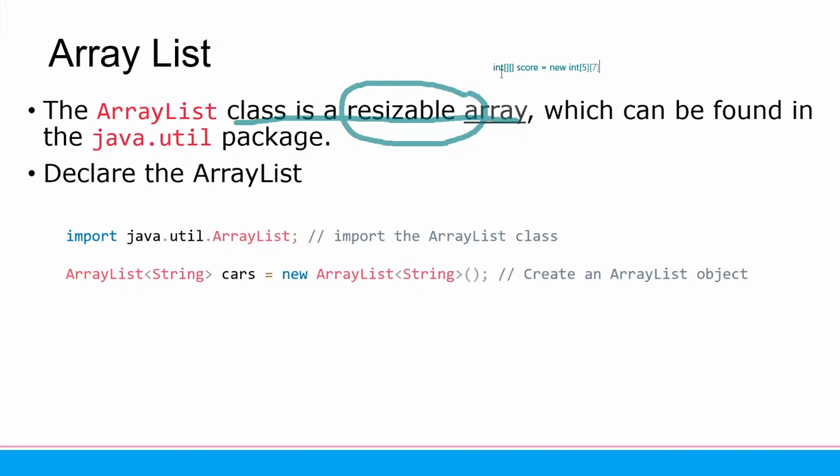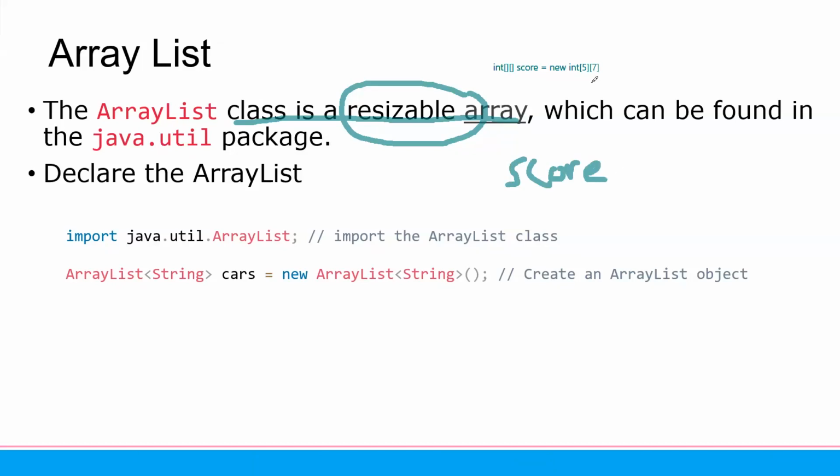However, if I want to increase the value when you run the program, let's say I don't have enough place to put the score because new students come, so I need to expand.